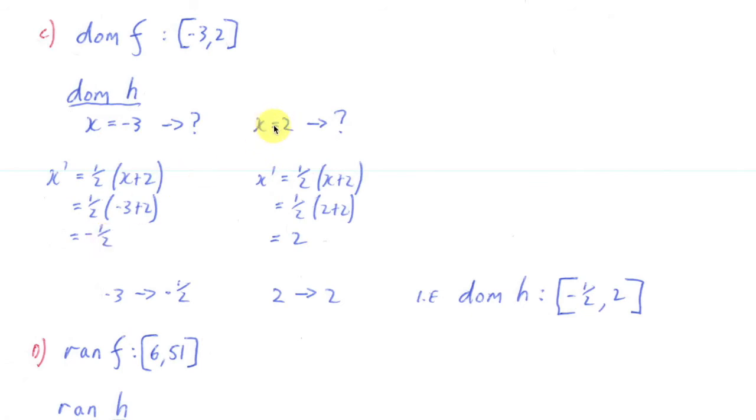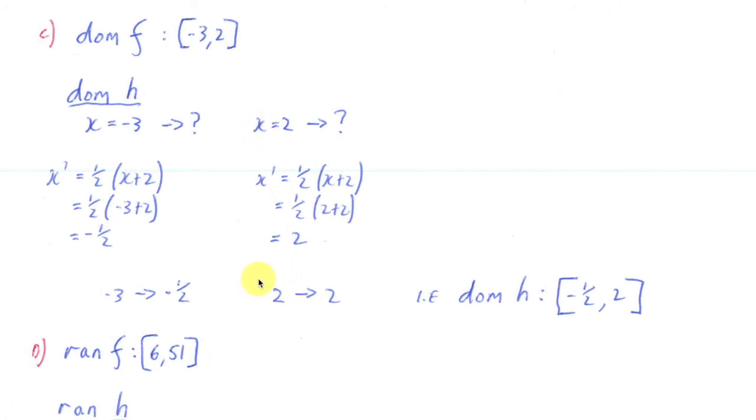Let's look at what happens there with the original 2 that was a part of f of x. Again, what's going to happen for that point, x equaling 2, as far as h of x is concerned? We sub in 2 for x, and we get a result of 2. So that 2 ends up just being a 2.